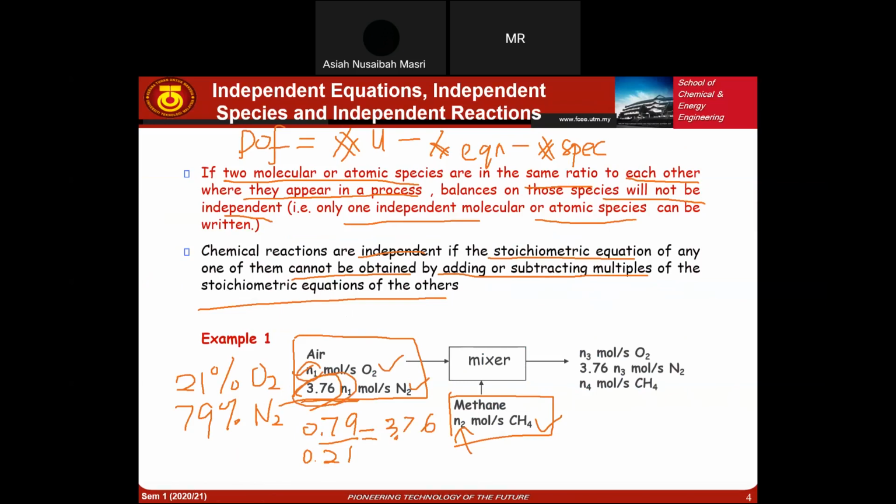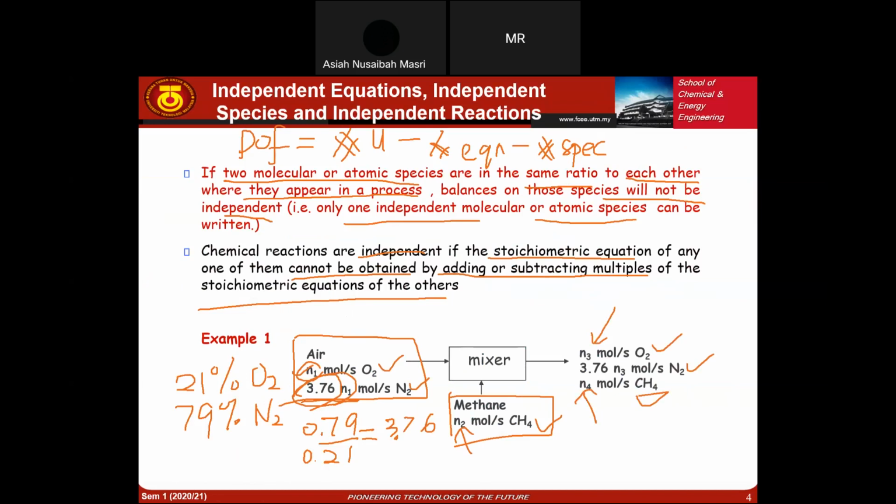So how much is the product? In the product we now have three components, which are oxygen and nitrogen, and finally the methane, the one that we mixed together. We don't know the methane, so we can represent it with N4. Oxygen, we don't know, so we represent it with N3. Now nitrogen, we won't represent it with a new variable like N5.